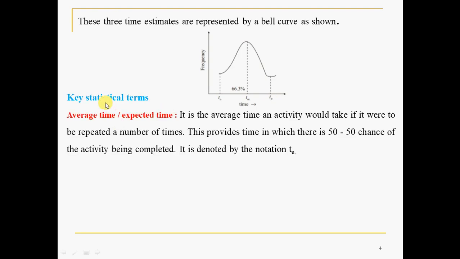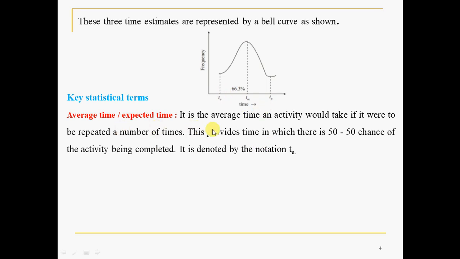Now coming to the key statistical terms: average time or expected time. The issue now is whether to consider this time or that time. Since these are probabilistic in nature, this bell curve is only a projection or approximation. So how do we quantify the average or expected time, combining these three time estimates?